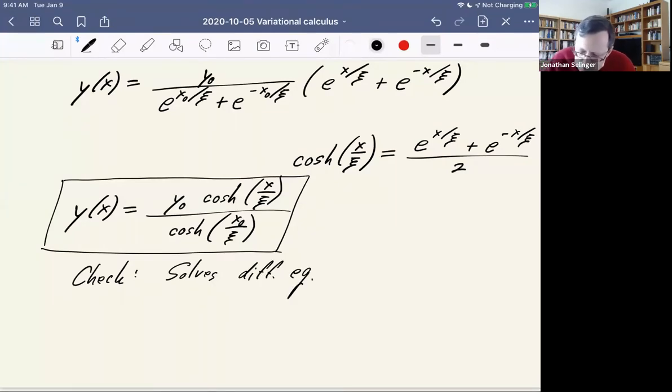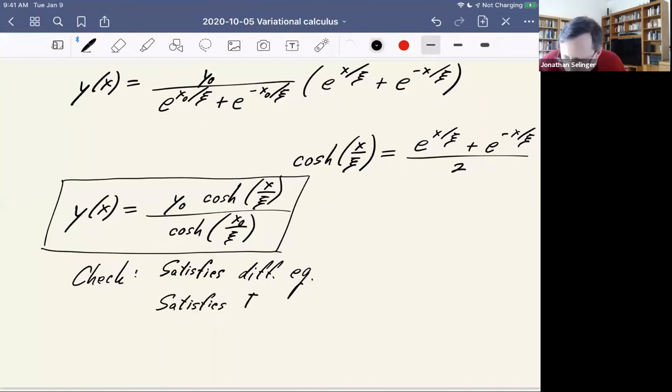Or maybe a better word, check that it satisfies the differential equation. That is, if you take the derivative of your final answer, does it agree with the differential equation? That's good.